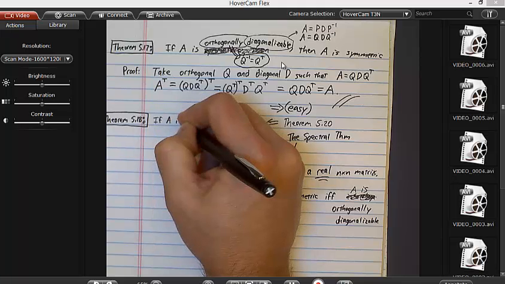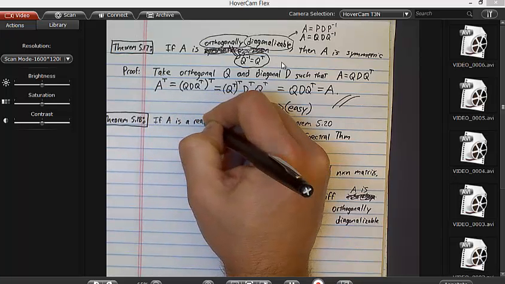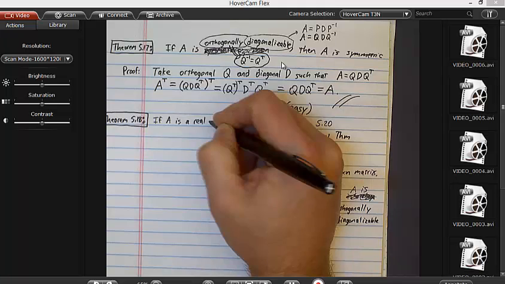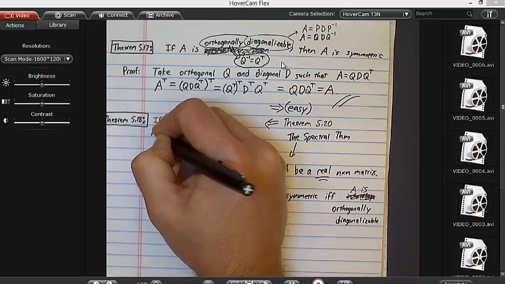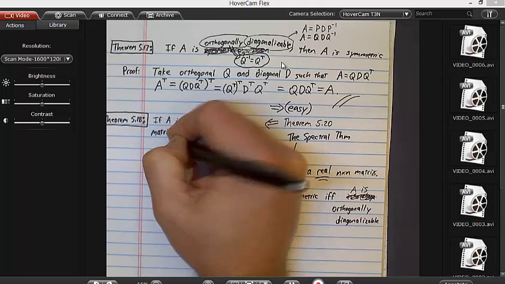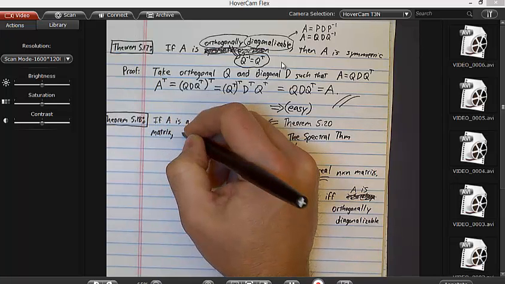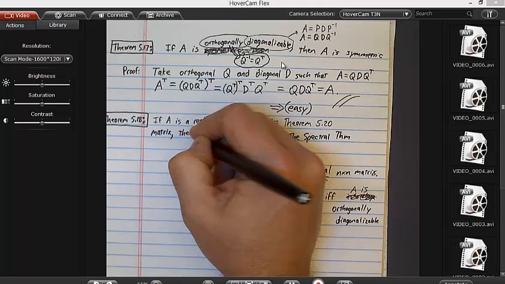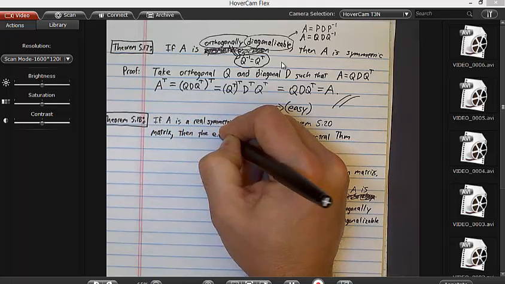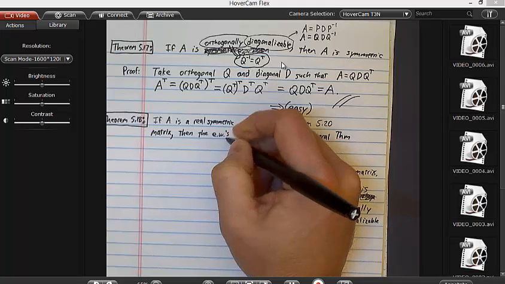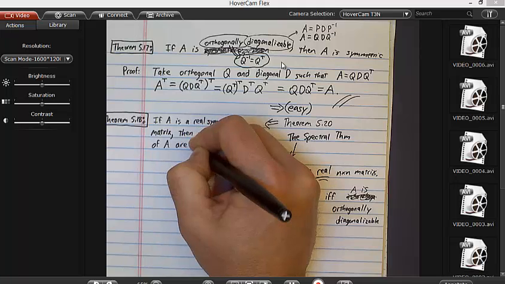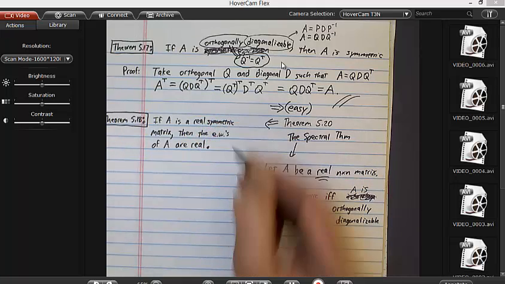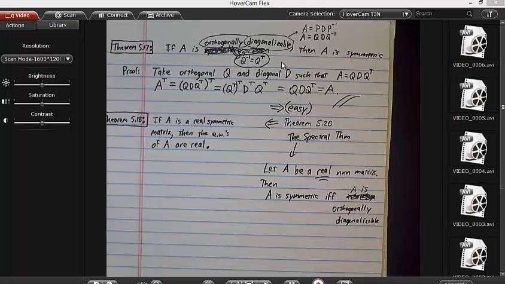If A is a real symmetric matrix, then the eigenvalues of A are real.